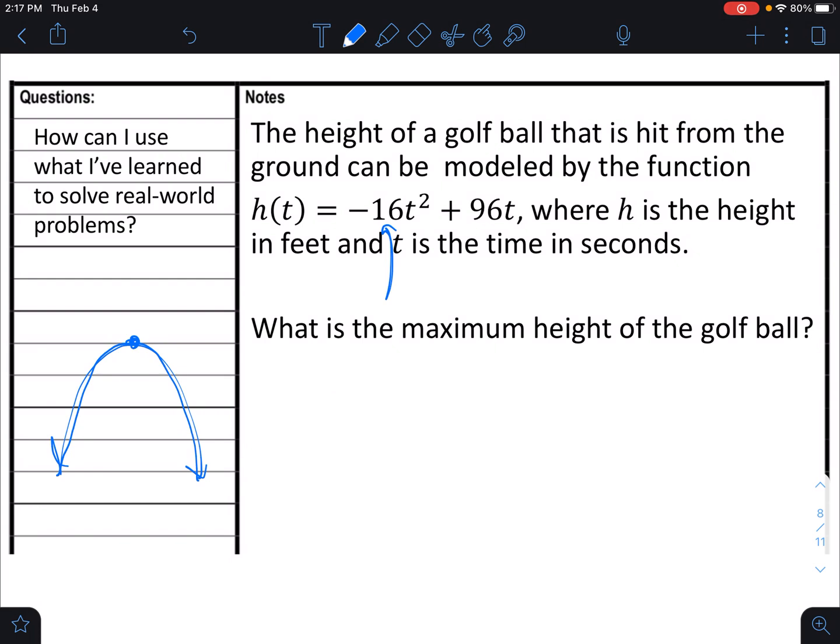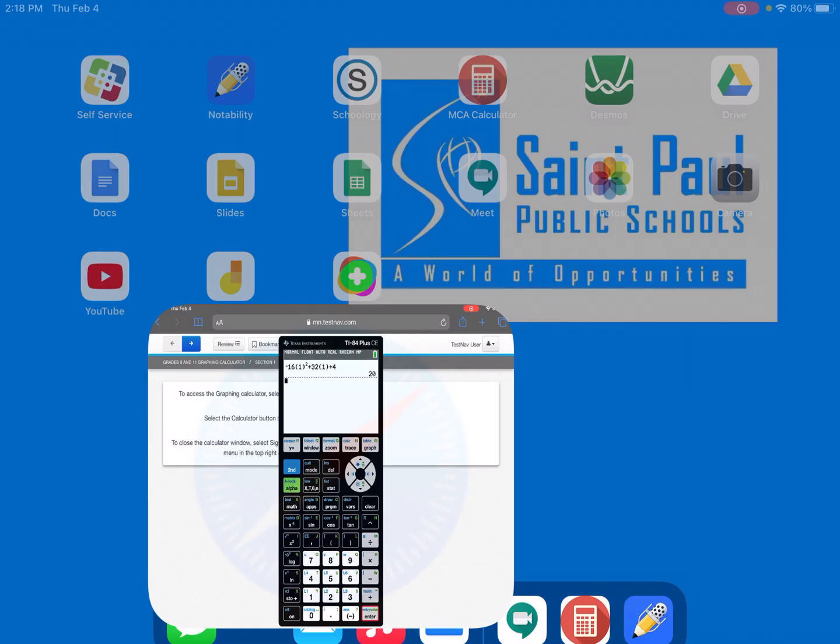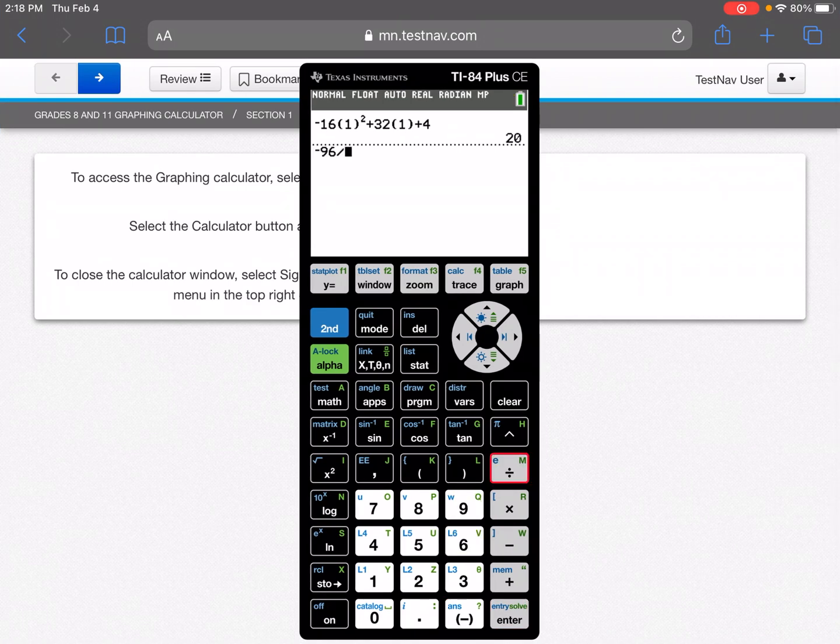In this case, x looks like it's been replaced with t, so t equals opposite of b over 2 times a. So this would be negative 96 over negative 32. Okay, so t, you're going to type that into your calculator. That's 3, okay?